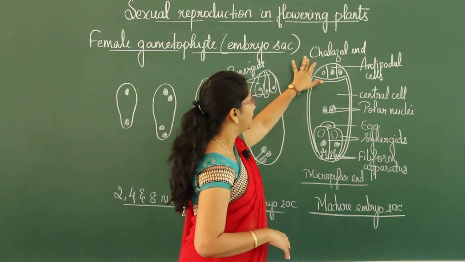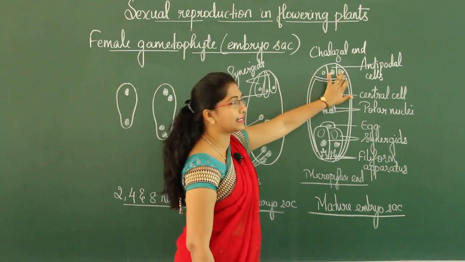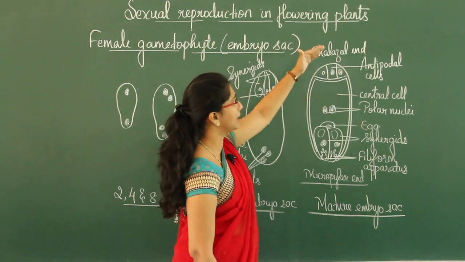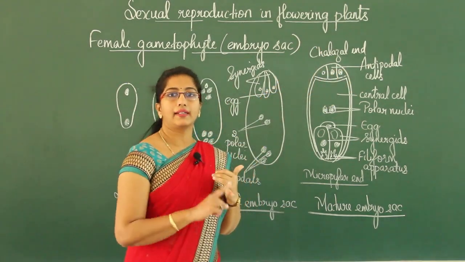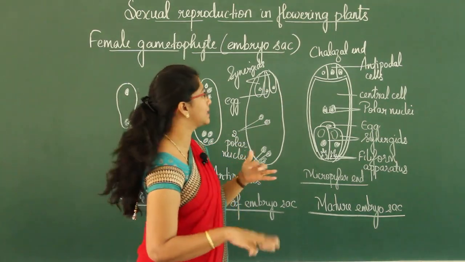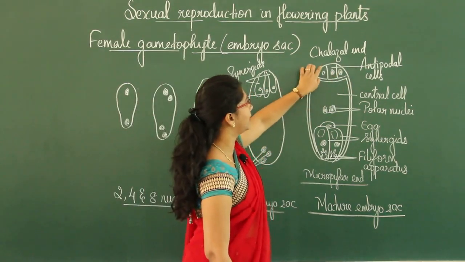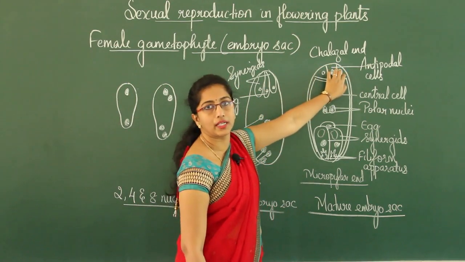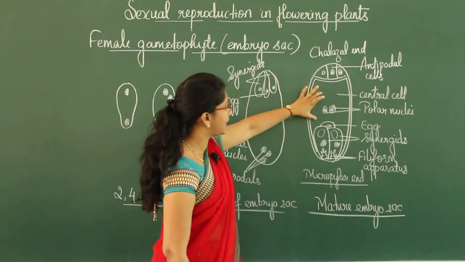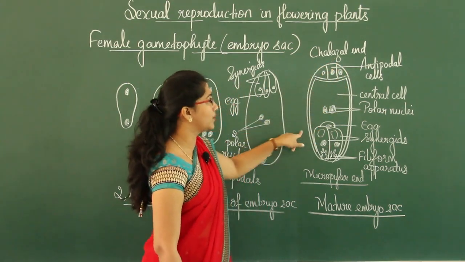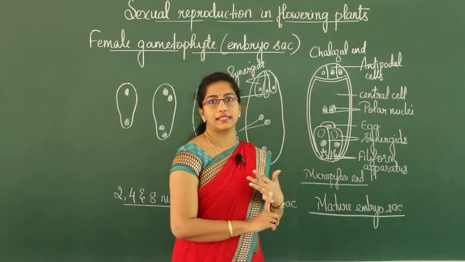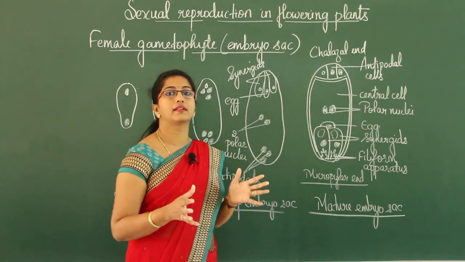Now see here, the 3 cells at the chalazal end we call antipodal cells. So 3 cells are organized towards the chalazal end, and these are the 3 antipodal cells. In the center, there is a large cell which we call the central cell.